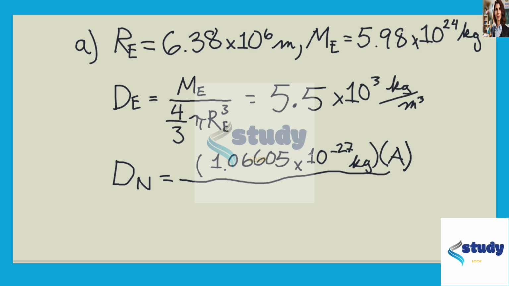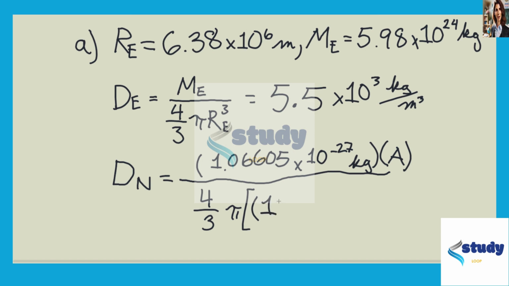We're talking about uranium-238. We would put a 238 here, but it turns out once we calculate the bottom using that same spherical volume here, that A will cancel.